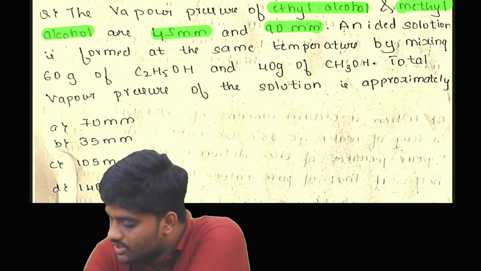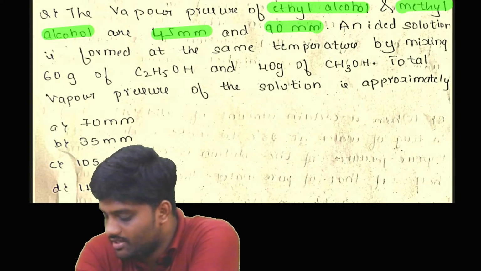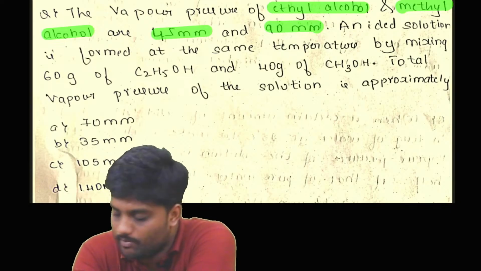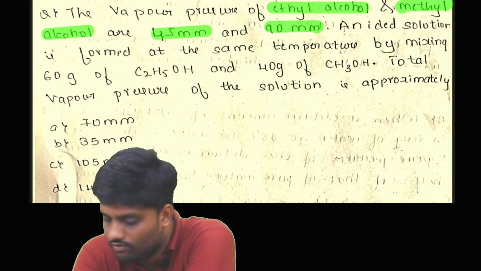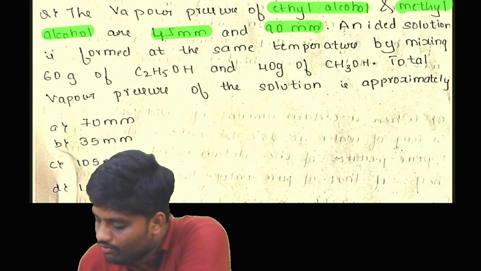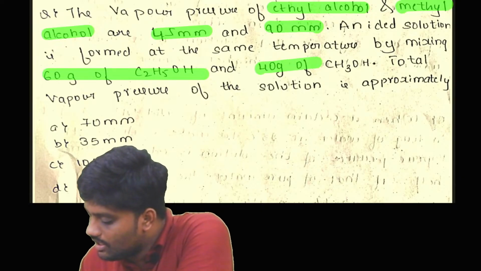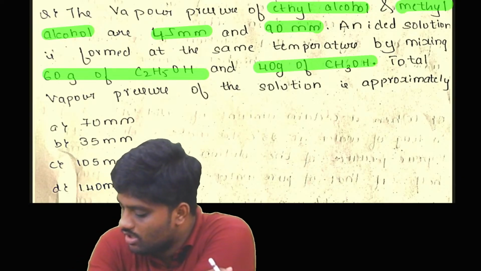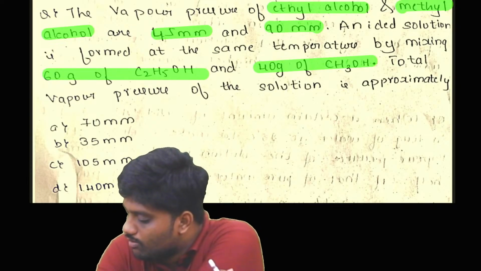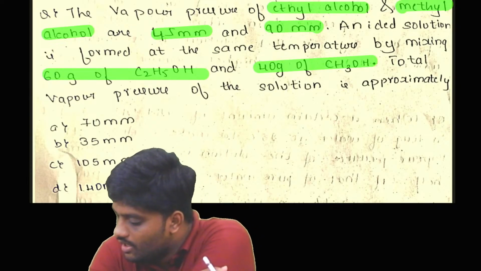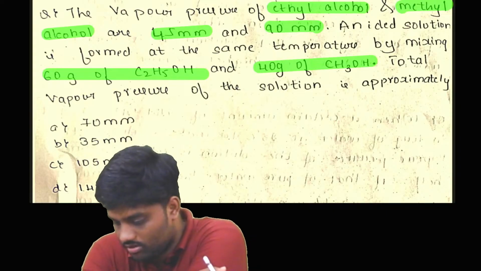An ideal solution is formed at the same temperature by mixing 60 gram of C2H5OH and 40 gram of CH3OH. The total vapor pressure of the solution is approximately what?